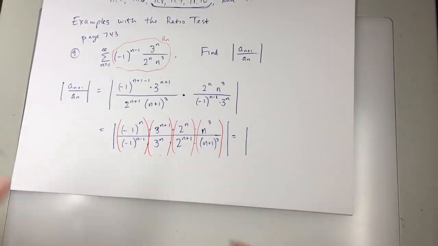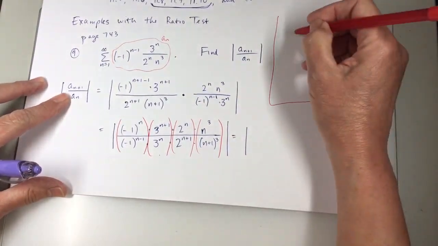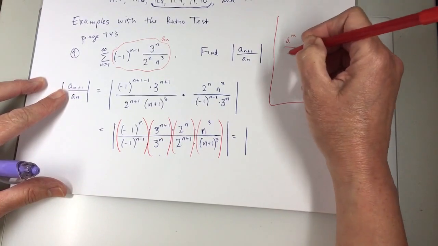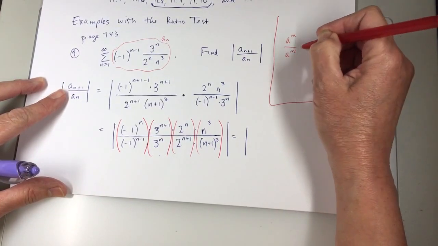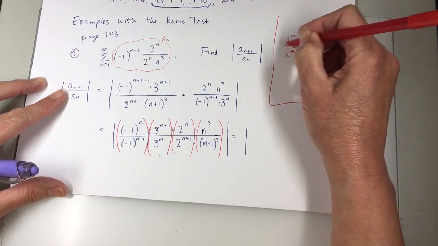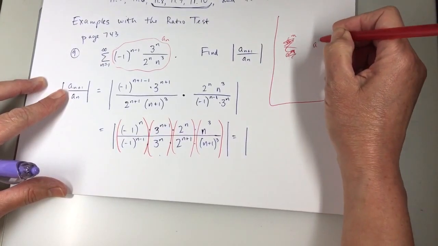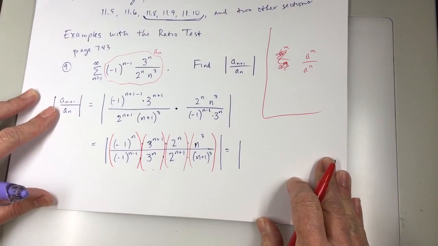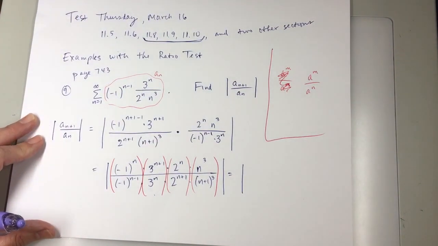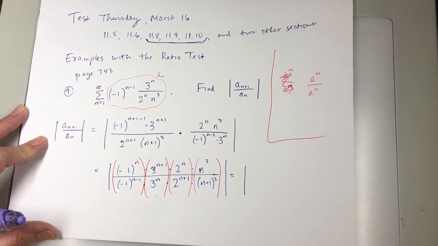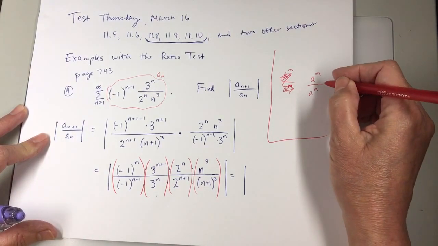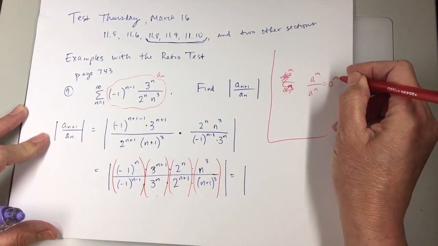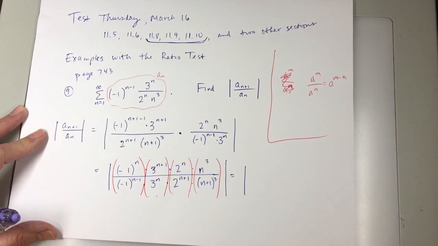And what you're looking at right here is we're using this rule from way back in algebra: a to the m over a to the n is a to the m minus n.